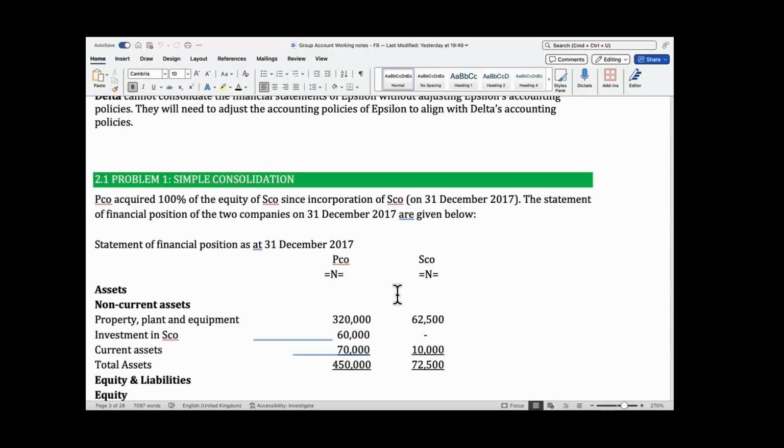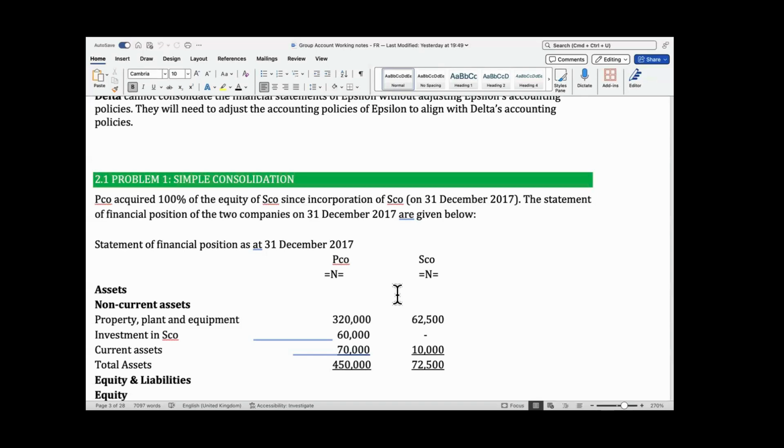In doing that cancellation, a lot of things have come up. For example, when the parent does not acquire the whole 100%, you cancel out only to the extent of whatever interest he has acquired.